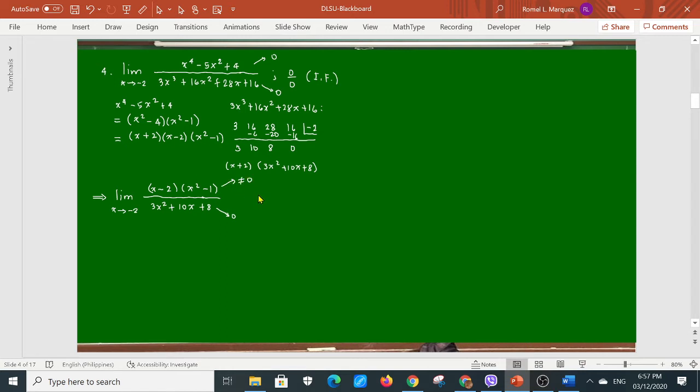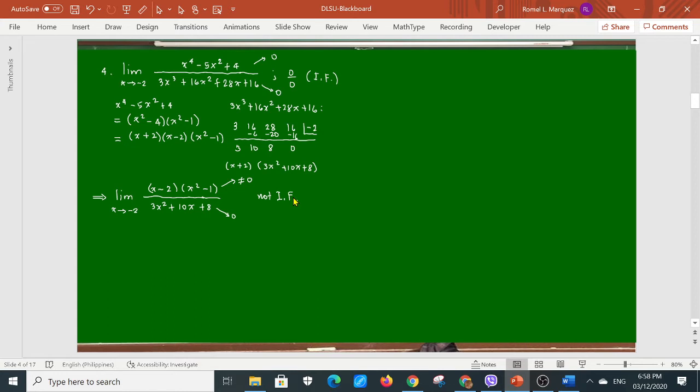So, it's not indeterminate form. Again, let me check. 3 times 4 minus 20 plus 8. Is that correct, guys? 0. Of course, the numerator is no longer 0. So, it's not indeterminate form.